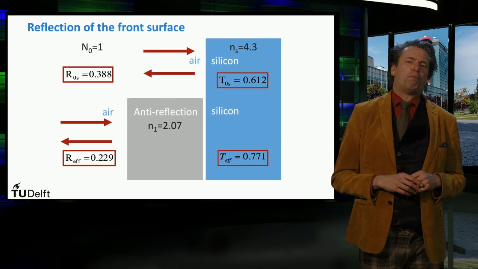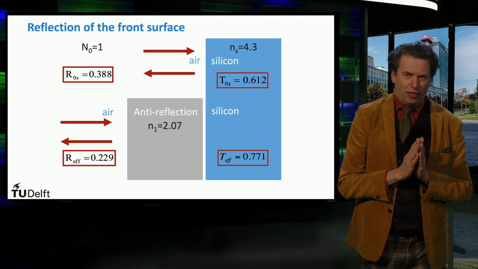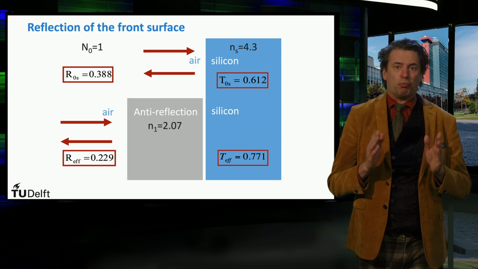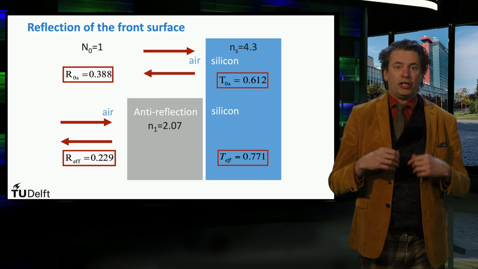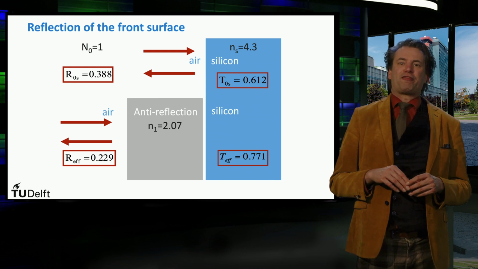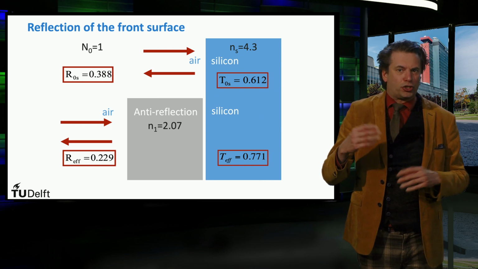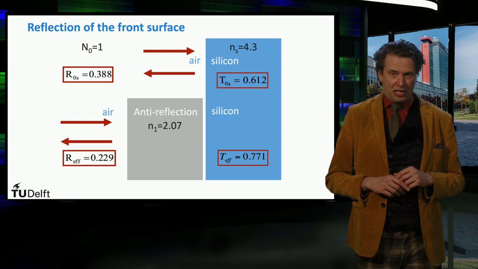The first one was based on the Rayleigh film principle. By putting a film with a refractive index smaller than that of the silicon wafer between air and the wafer, you can reduce the losses. The optimum value for the refractive index of the intermediate layer equals the square root of the product of the refractive indices of the two other media.